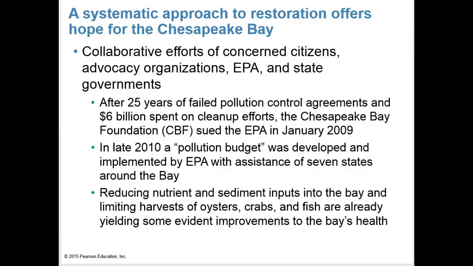In late 2010, they established the pollution budget in the states around the Chesapeake Bay, and reducing nutrient and sediment inputs into the bay and limiting harvests of oysters, crabs, and fish are already yielding some evident improvements to the bay's health.